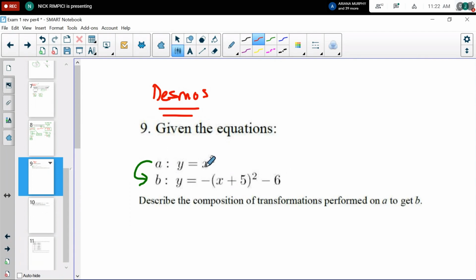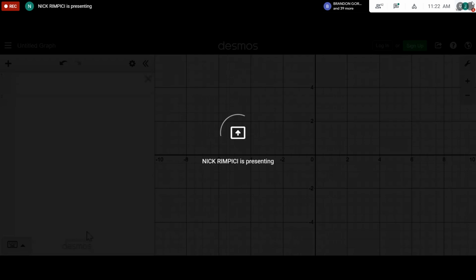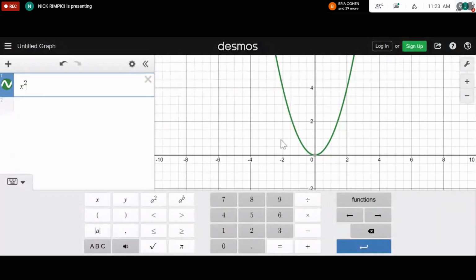Okay, so let's go to Desmos, and I have to plot two things here. I think x squared is the first one, and I know how that looks. That's just the parent function we learned in the first week of class. And the other function is negative (x plus 5) squared minus 6.